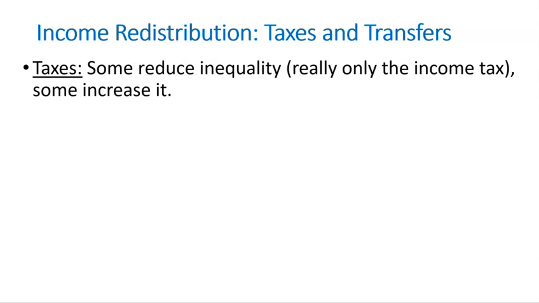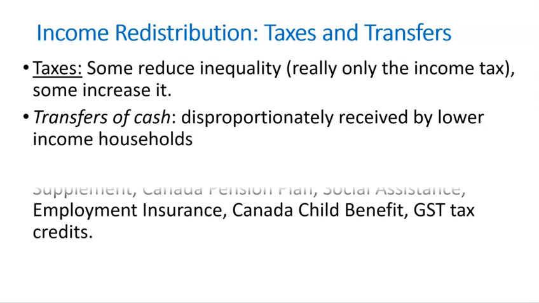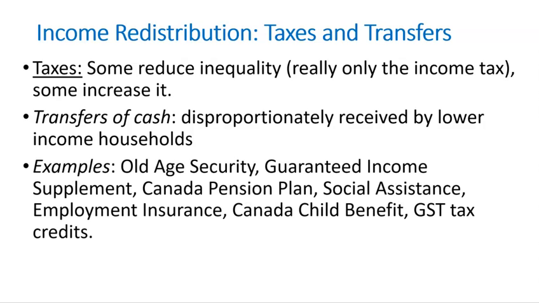Really, most of the redistribution takes place in the form of transfers of cash, which, if we think about what those transfers are, tend to be received by lower income households rather than higher income households. So let's just run through the transfers of cash that exist in the Canadian system.